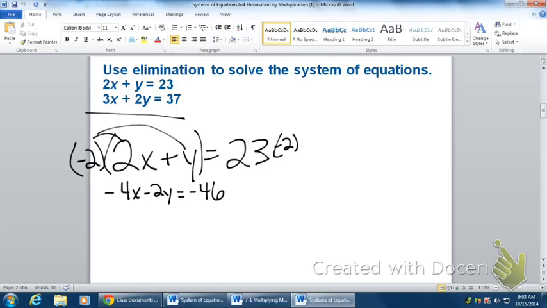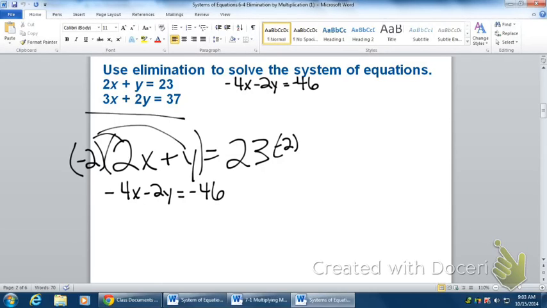If we go back to our two equations, now we have, for the top equation, a -4x minus 2y is equal to a -46.